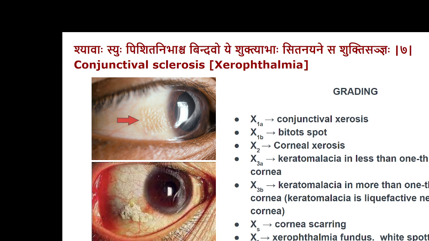The fibrous surface is visible naked over the surface, and it is graded as X1A, B, and X2 or X3, and so on. As far as the causes are concerned, the well-known cause is vitamin deficiency. The other cause is continuous mechanical irritation of the eyelids.